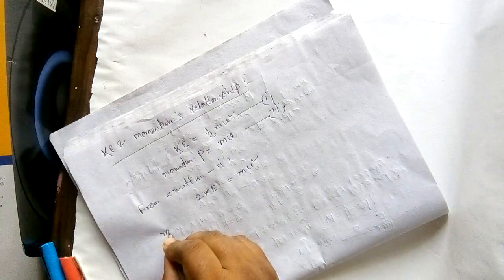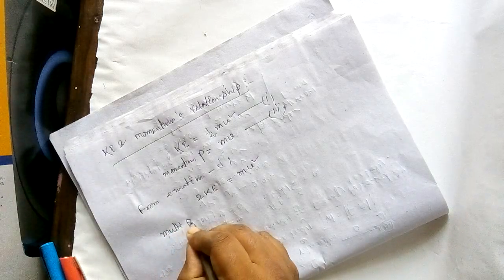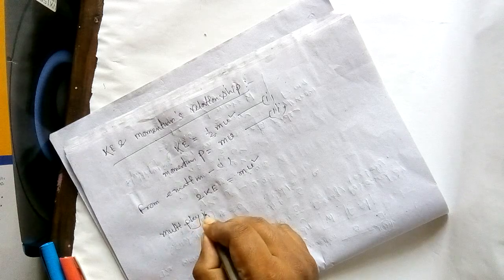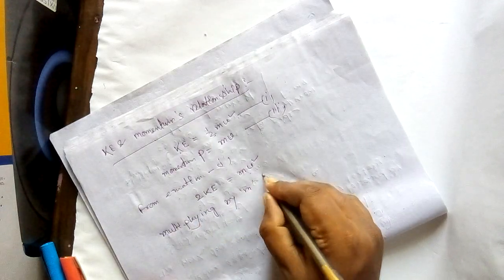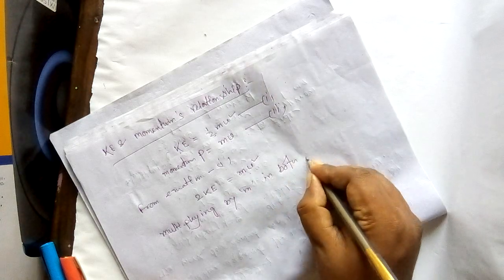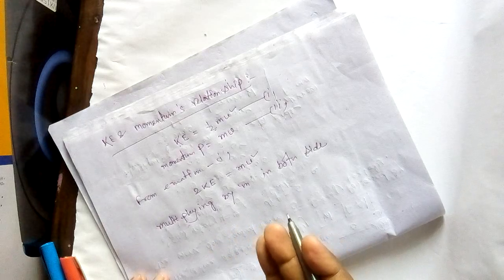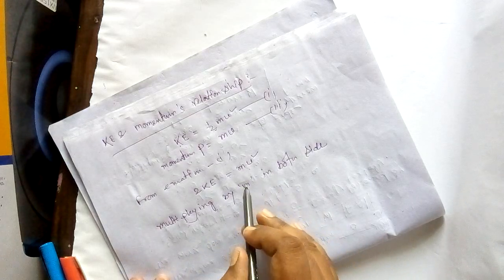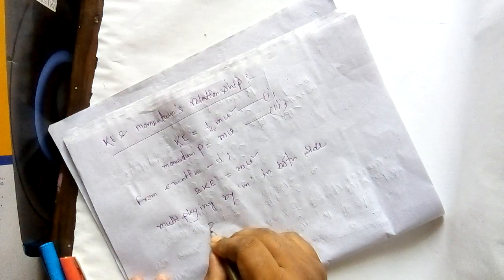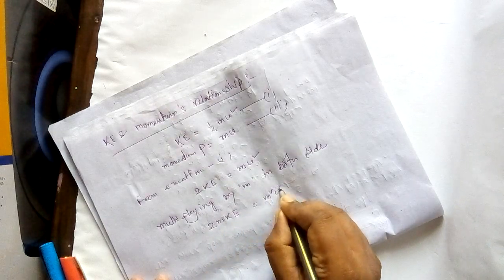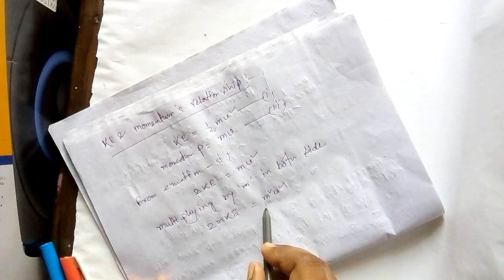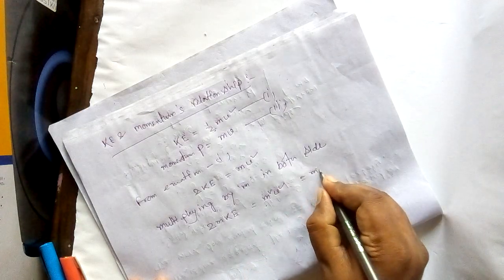And now multiplying by m in both sides, we have to do the calculation. So we are multiplying m in both sides to get twice m into KE equals m square v square, right? Now you see m square v square equals mv whole square.